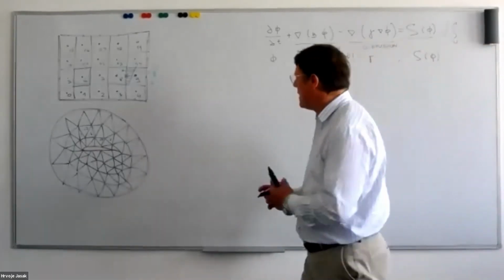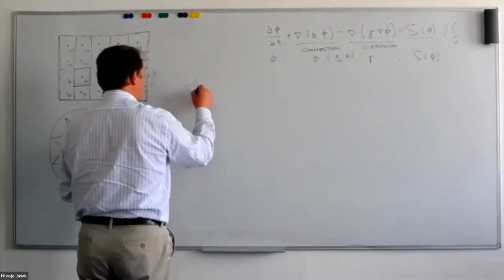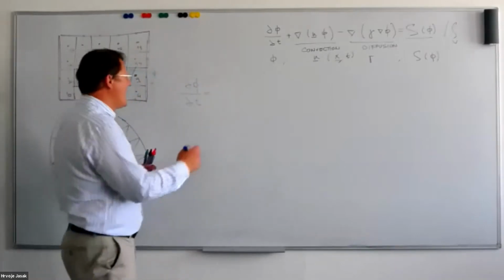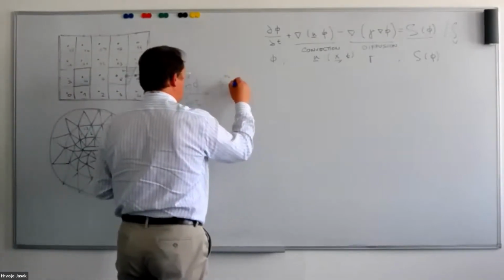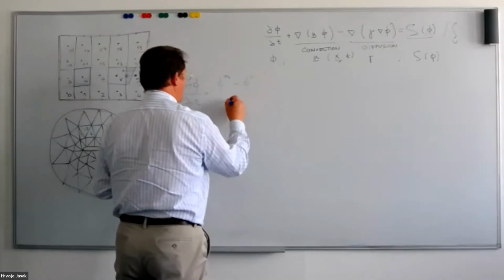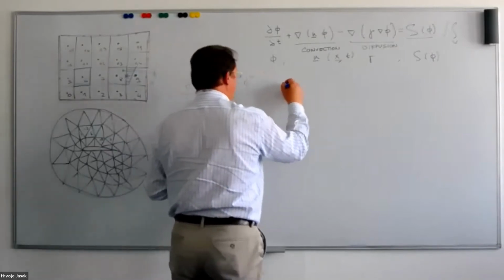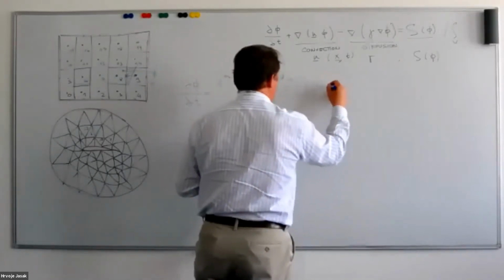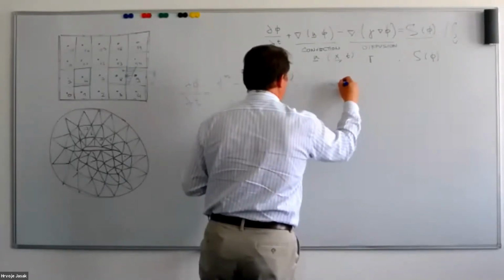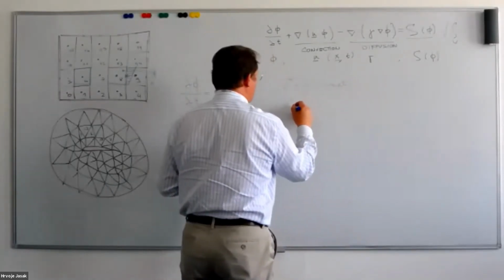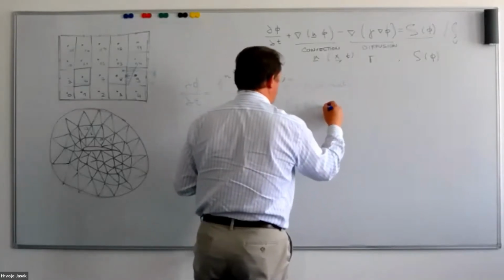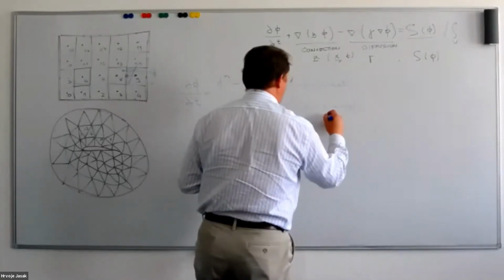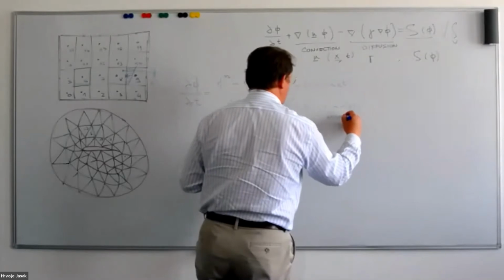Without further ado, d phi by dt can be calculated in finite difference terms as phi new minus phi old over delta t, where phi new is our sought solution, which is phi at t equals n delta t, and my phi old is phi at t equals n minus 1 delta t, which is known.